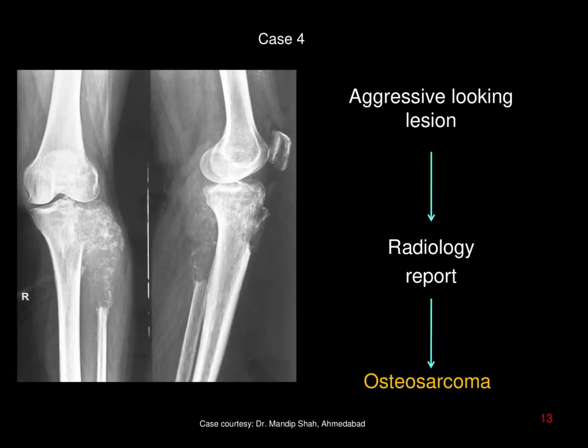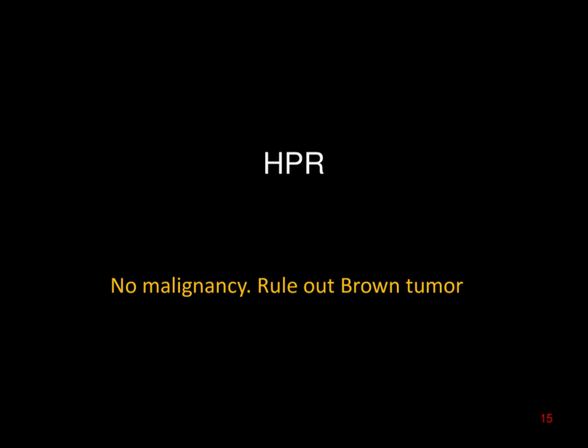Case number 4. This is a young gentleman who had a destructive appearing lesion in the proximal fibula along with the adjacent tibia. It looked aggressive on imaging. The radiology report was osteosarcoma. The surgeon went ahead and did an above-knee amputation. The amputated specimen was sent for histopath, and the final histopath report was no malignancy, rule out brown tumor.